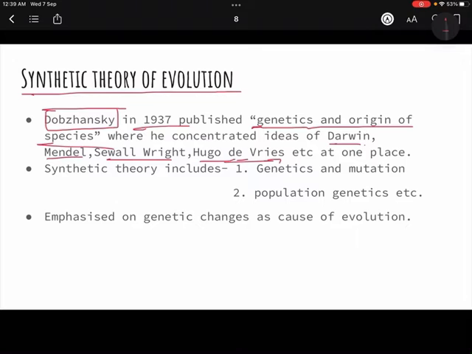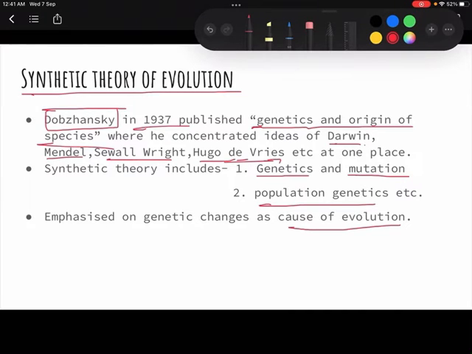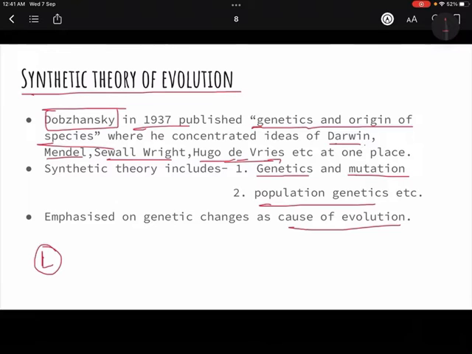This theory mainly includes what was missing in Darwin's theory, that is, the role of genetics, the role of mutation, population genetics, etc. This theory emphasizes genetic changes as the cause of evolution. Basically, there was Lamarck, who believed that there was an inner urge in organisms that caused them to evolve.